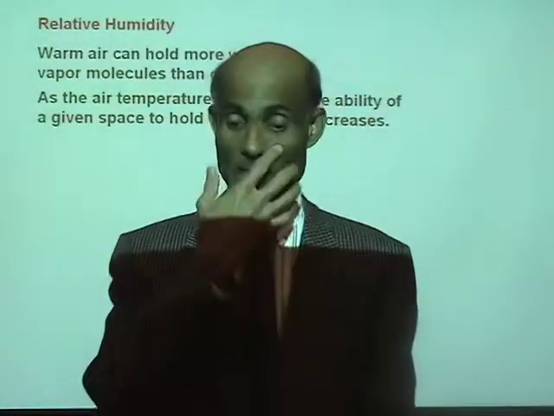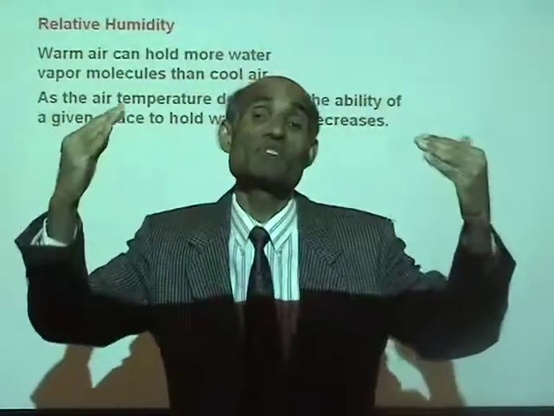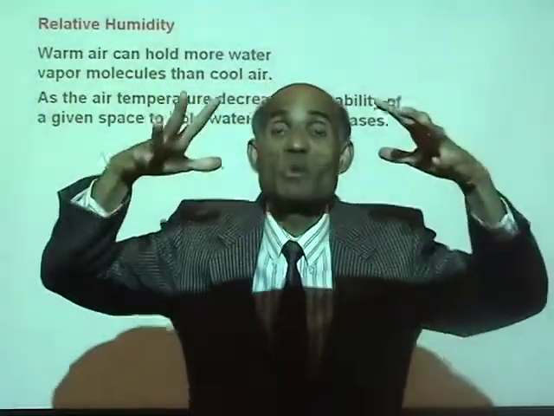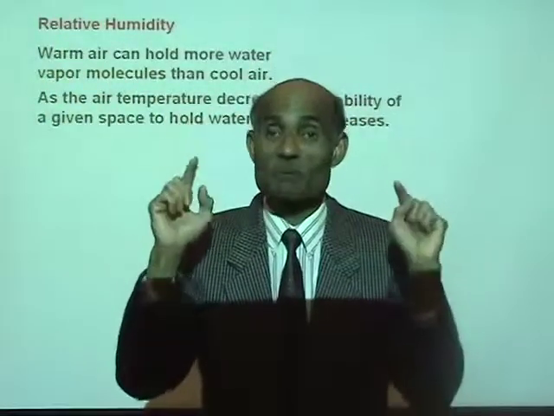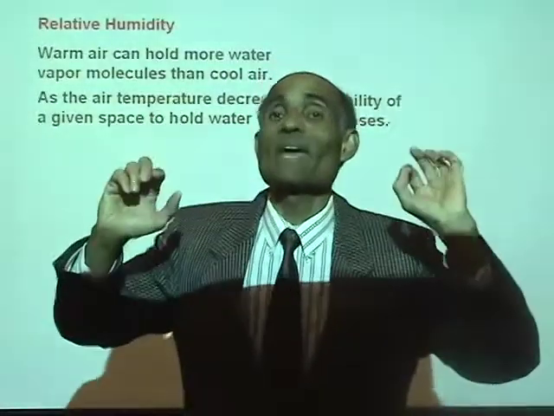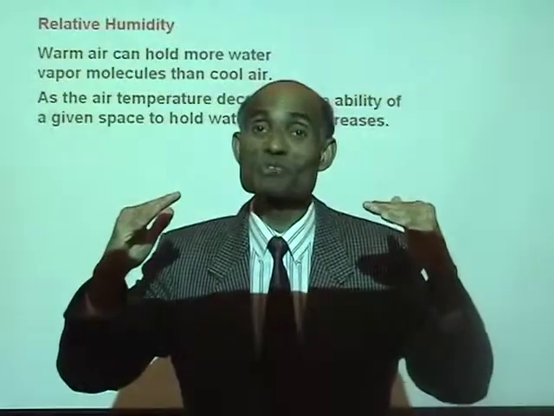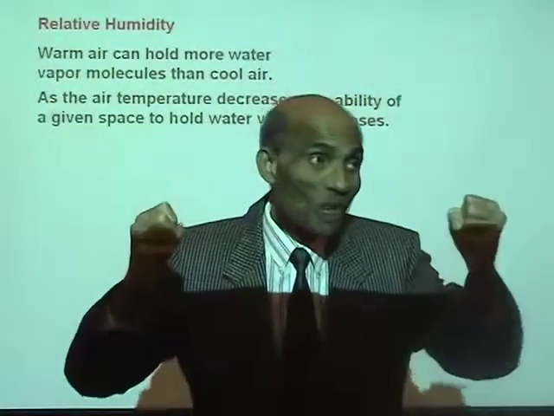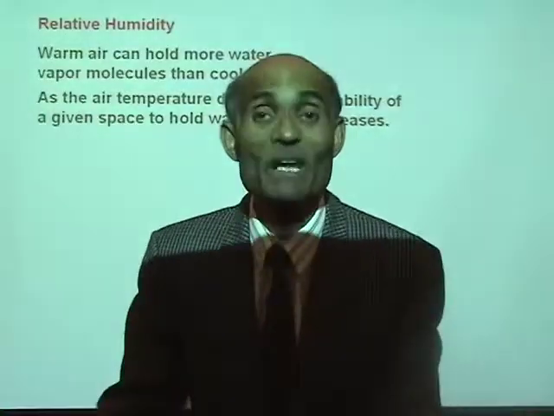As I told you, if I decrease the temperature of this room, what will happen eventually? This space will become saturated. That means at that particular temperature, this space will not be able to hold any more water vapor. Now, if I further reduce the temperature, the water molecules will begin to condense to form water. Fog will begin to form.